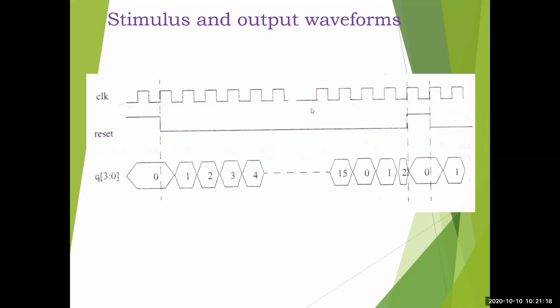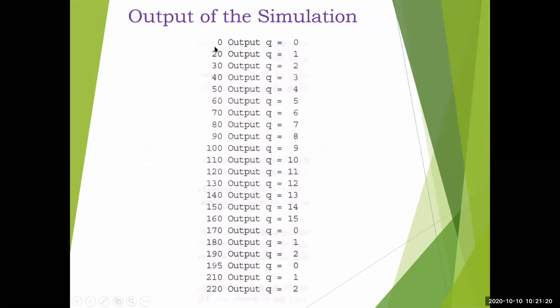The same thing can be written as a description of the output also. Initially at 0, the monitor output is like this. We have written in this fashion: $time, output q is equal to percentage d of q, so that decimal values it is going to write. At 0 it was 0, at 20 q becomes 1, at 30 q becomes 2, because it changes every 10 time units.